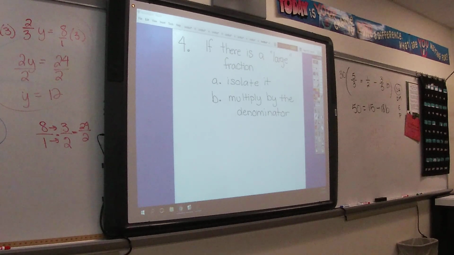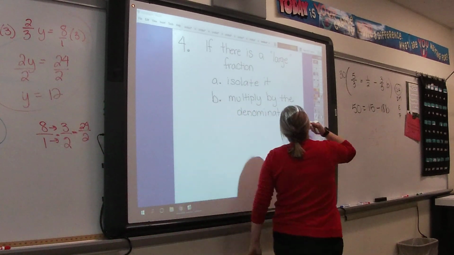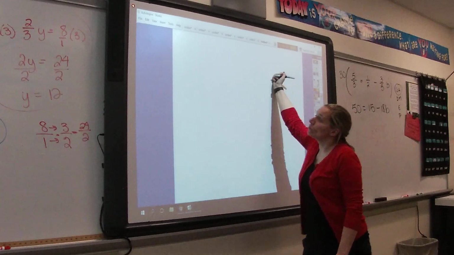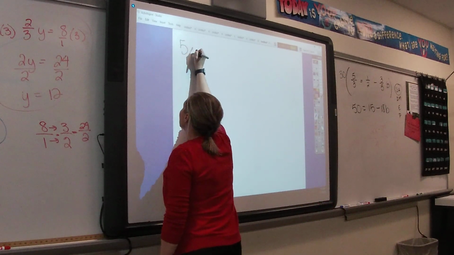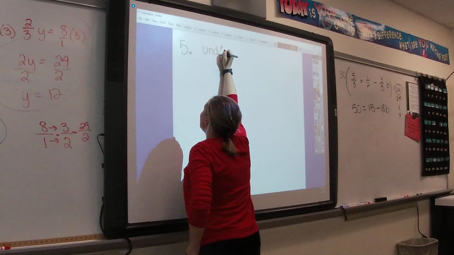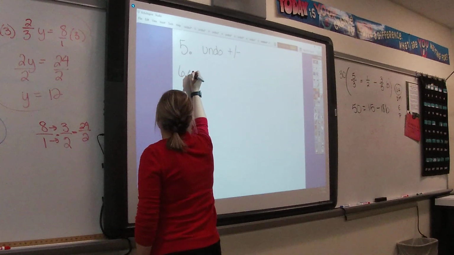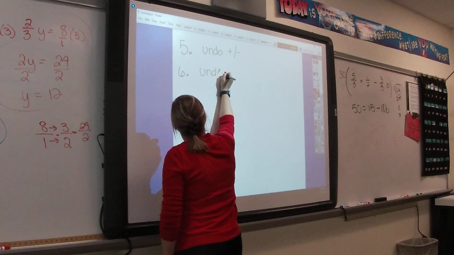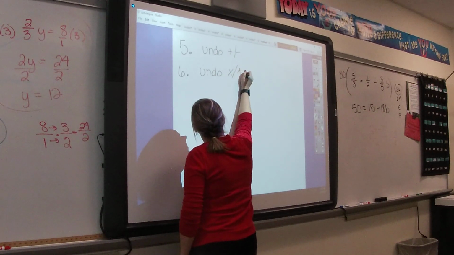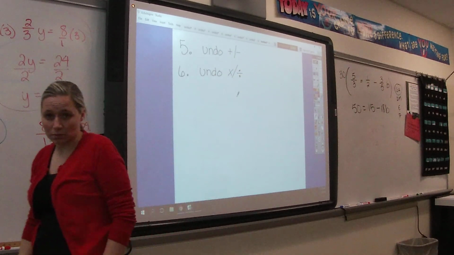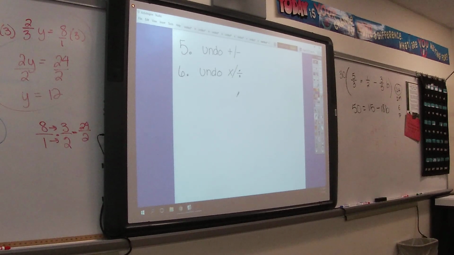If we do all those things, we should be down to the things we've been talking about. Those steps should leave us with a two-step equation or something simpler that we will solve just like we've been looking at.